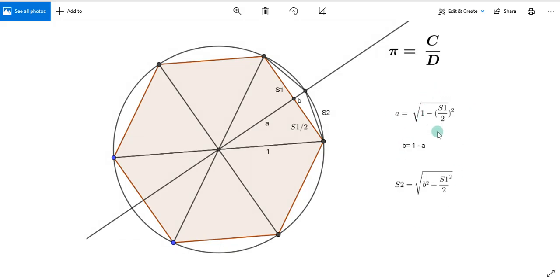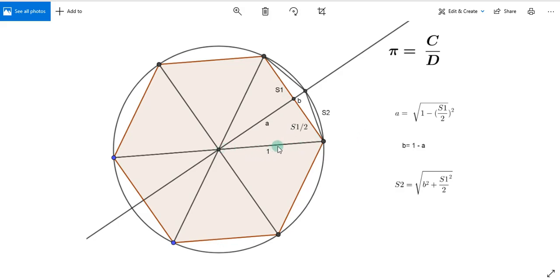So here is a formula to find A. We know the Pythagoras theorem. We can apply it in a right-angled triangle. In a triangle, if one angle is 90 degrees, then we can use the Pythagoras theorem for finding the sides.